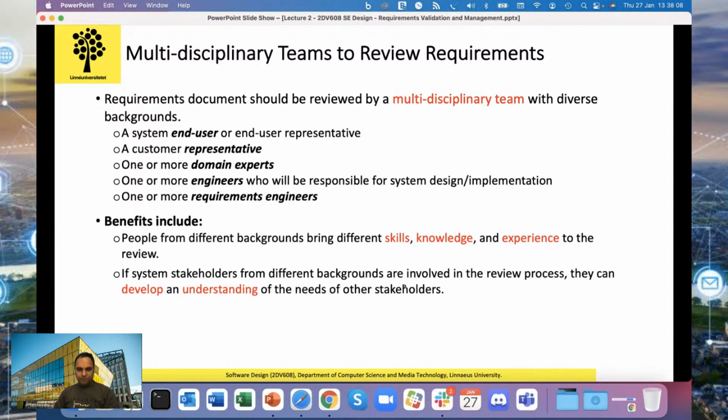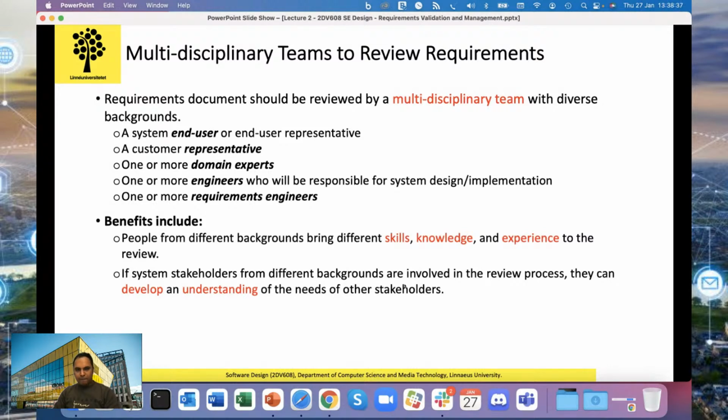So this team should be multidisciplinary, and there is of course a benefit to it, like people with different skills, knowledge and experience bring different perspectives. And if let's say we have different types of stakeholders in the team, being an end user, I might not have any knowledge of the domain or of software engineering concepts. It's the same vice versa.